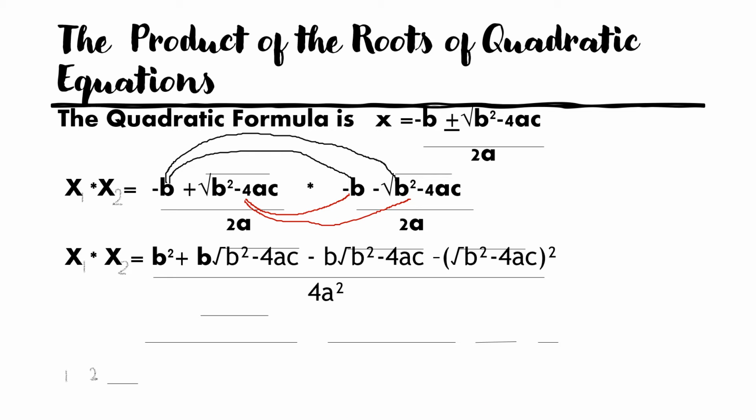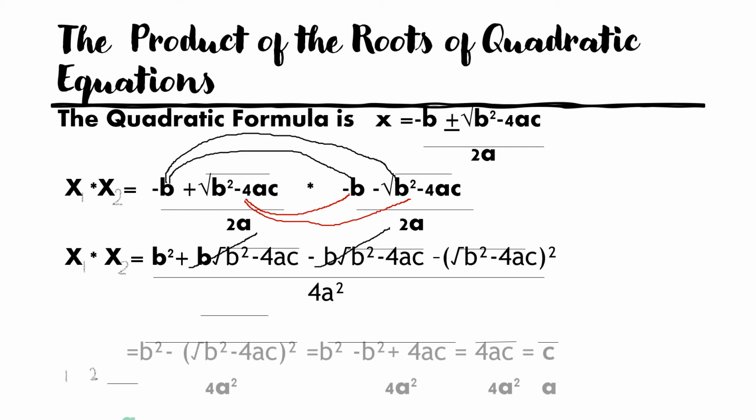Now, let's see what we can eliminate here. We have positive b square root of b squared minus 4ac, and here is minus, so that is 0.